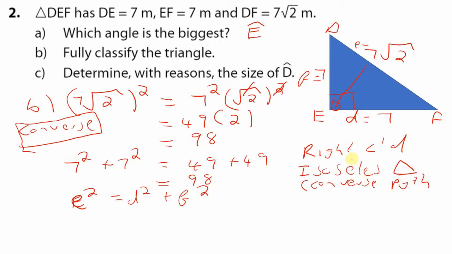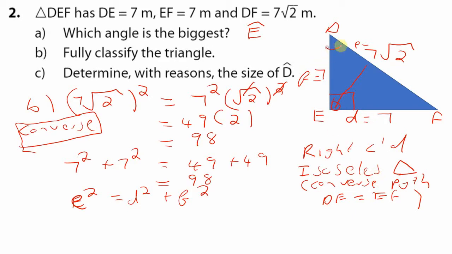The isosceles we know, we have DE equals EF. We have two sides that are the same, that's why it's isosceles, right-angled due to the converse of the theorem of Pythagoras.